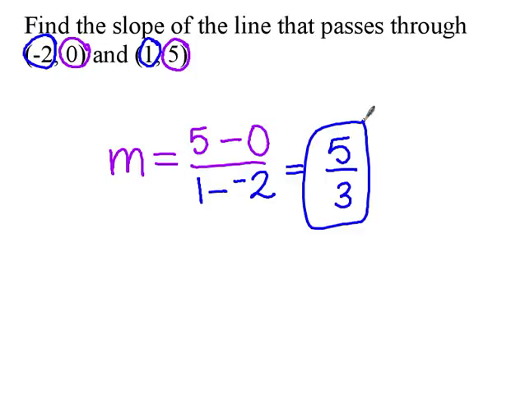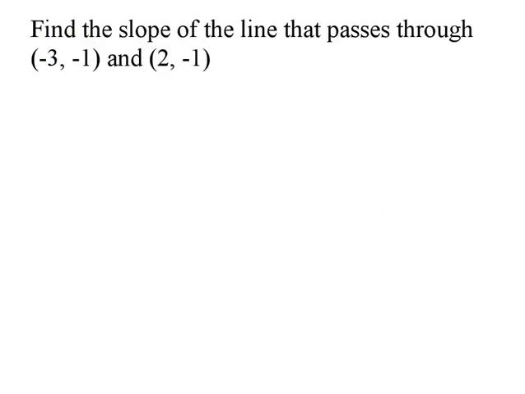Questions? Pretty straightforward. Let's look at another one then. If you're doing these in notes, I would just put the points, (-3, -1) and (2, -1), instead of having to write out all those words. Essentially you're finding the slope on all of these problems anyway. So to find the slope, what am I going to take? -1 minus -1.